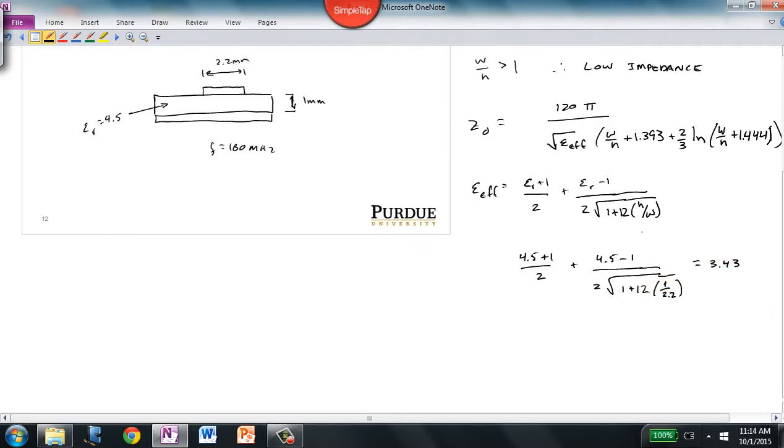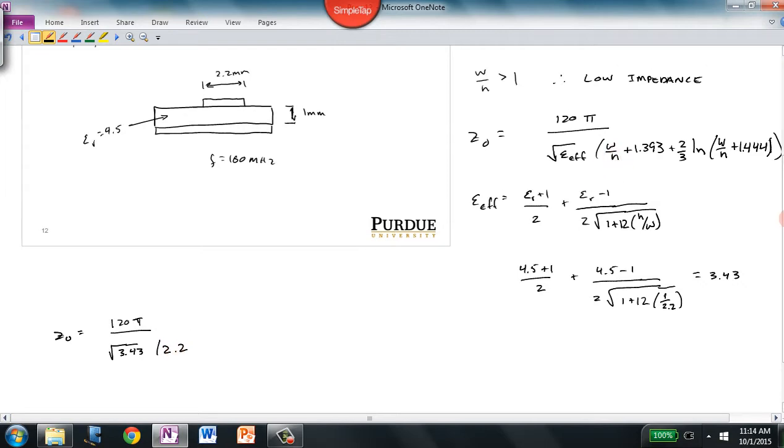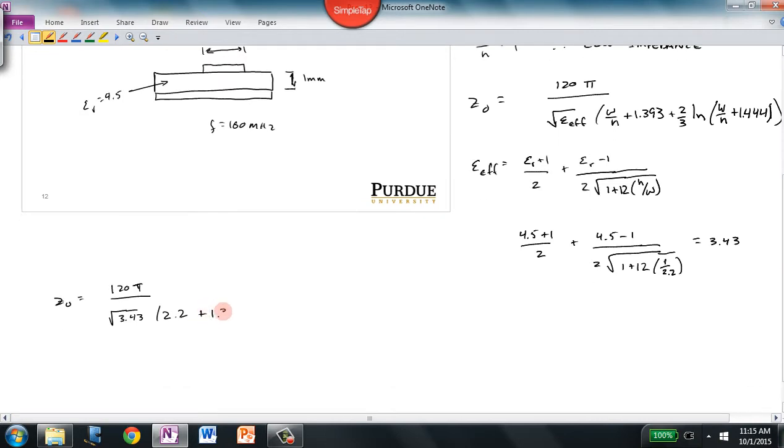So now I've got everything I need to calculate Z0. Z0 is going to be 120 pi over the square root of 3.43 times 2.2, that's the W to H ratio that I calculated right here, plus 1.393 plus 2/3 times the natural log, again the W to H ratio, so 2.2, plus 1.444.